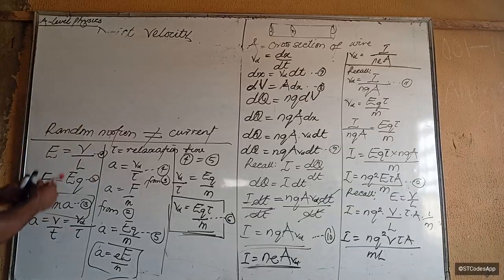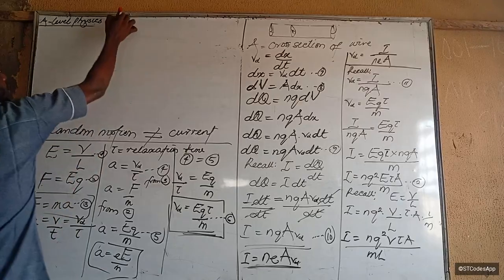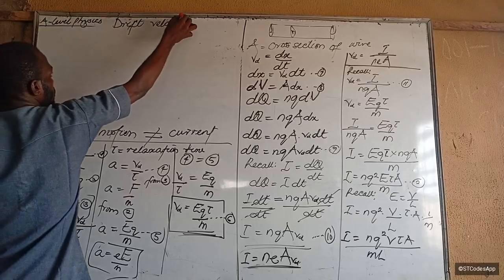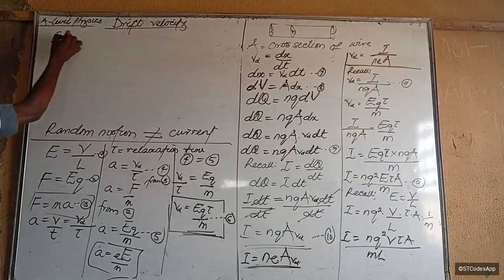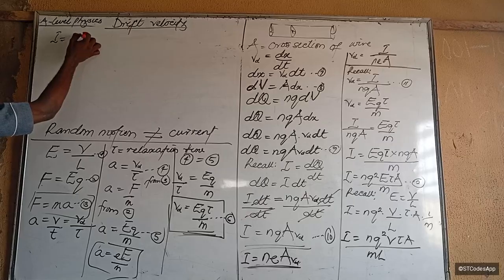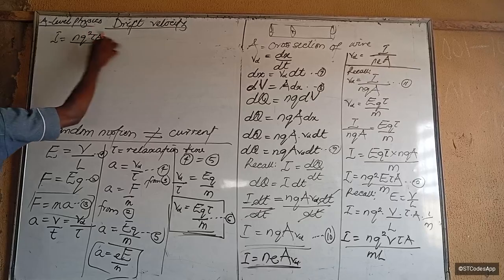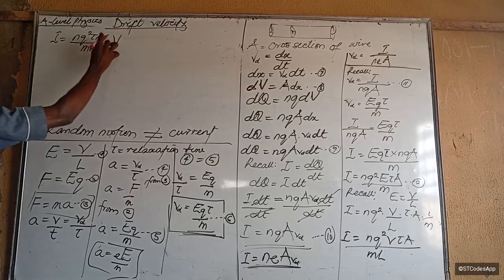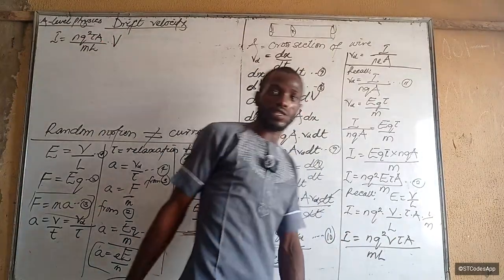If I rearrange the expression, I'm going to have I equal to nq squared tau A over mL times V. I brought out this V because it's voltage.